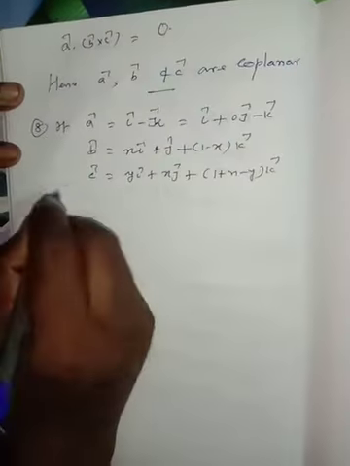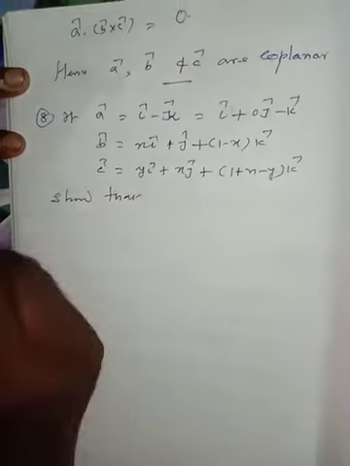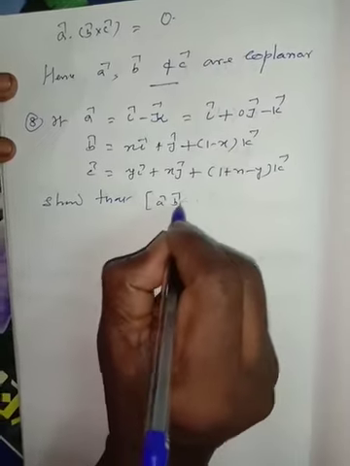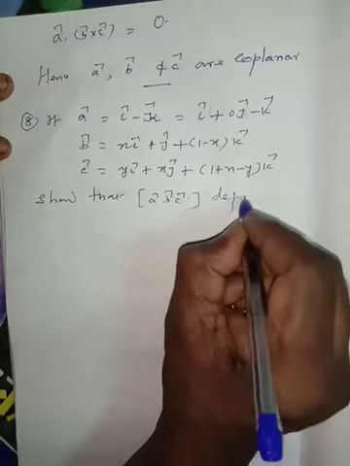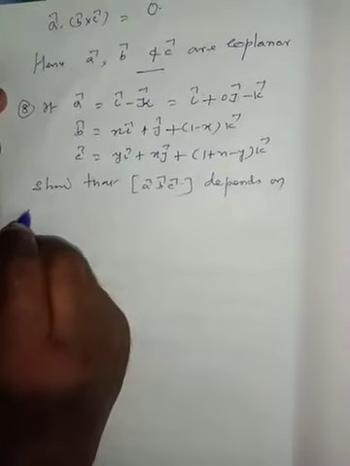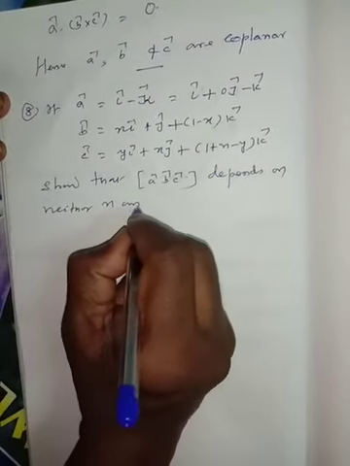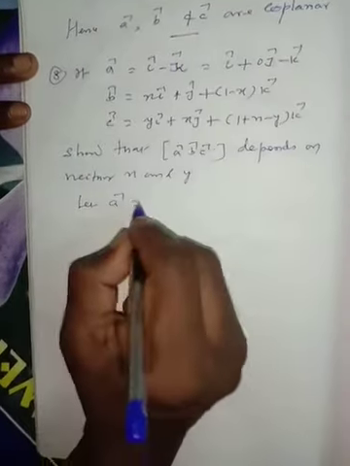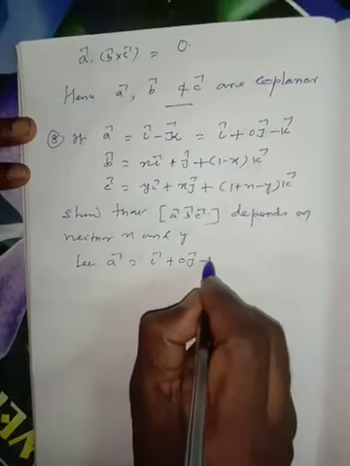So that the box product of A vector, B vector and C vector depends on neither x and y.